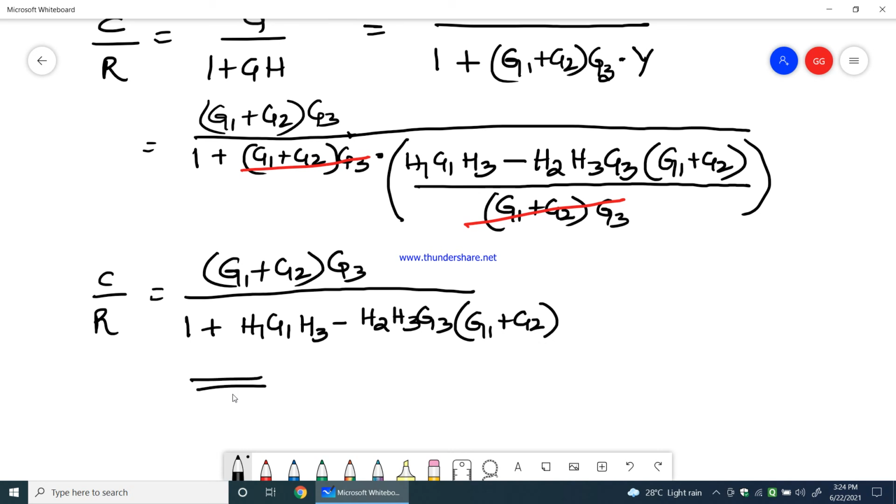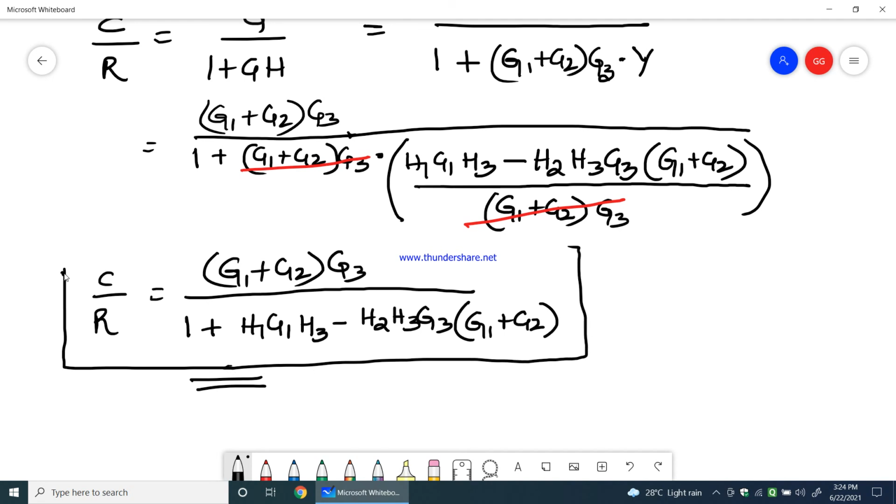So this is the final answer. This is the final transfer function for the given block diagram.